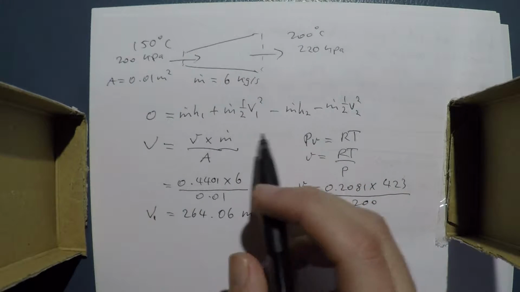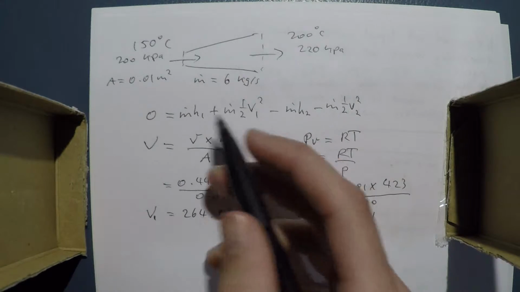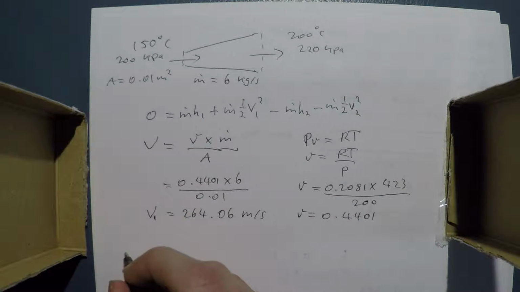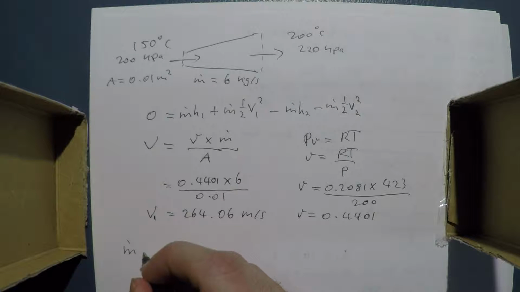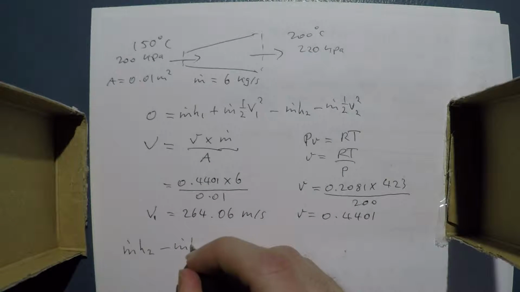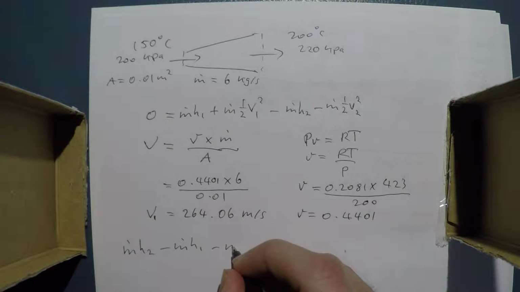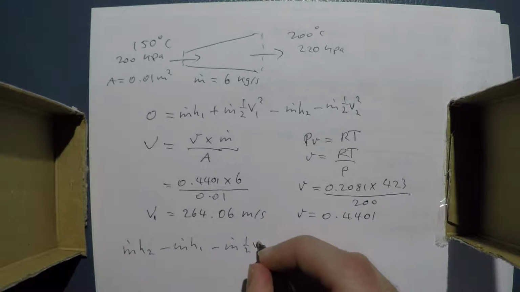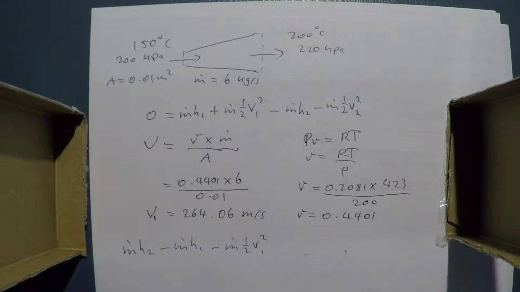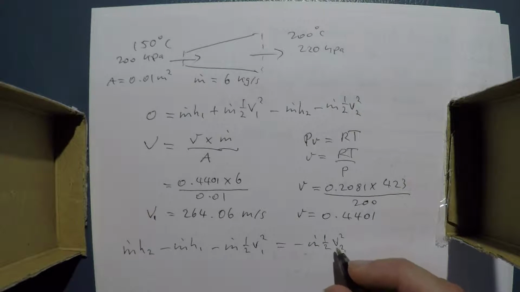So if I add this to the other side and take that off, I have the mass flow rate of H2 minus mass flow rate H1. I'm going to subtract that as well, minus the mass flow rate, a half inlet velocity squared, equals negative mass flow rate, half kinetic energy of the outlet velocity.